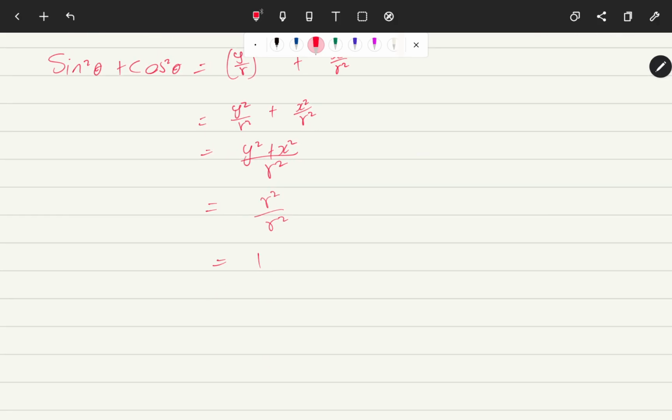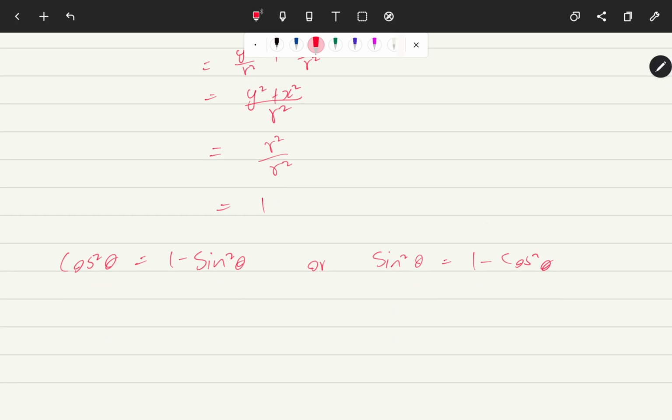From here, guys, you can have cos squared theta equals 1 minus sine squared theta, or even sine squared theta equals 1 minus cos squared theta, or many more. You can continue further to simplify them as far as you want.